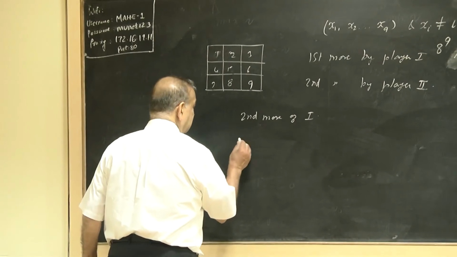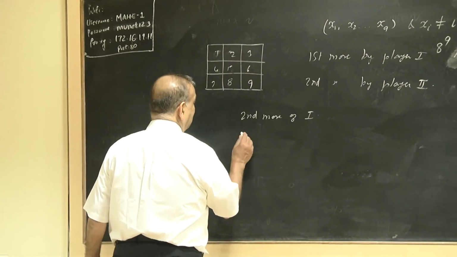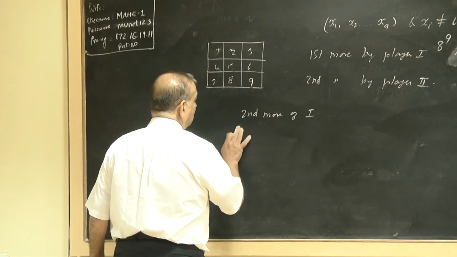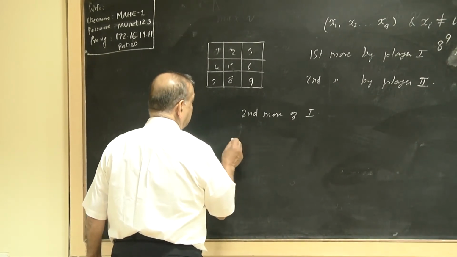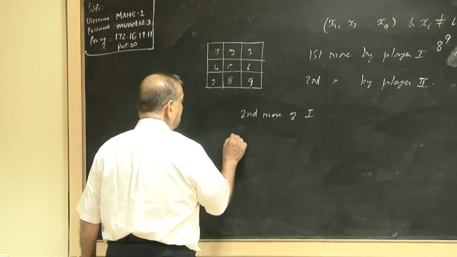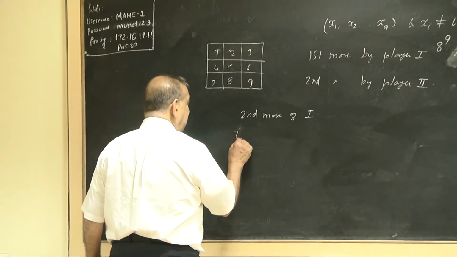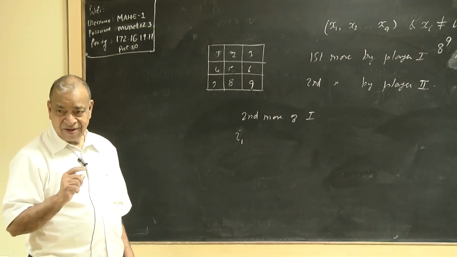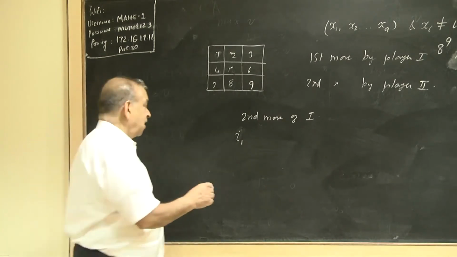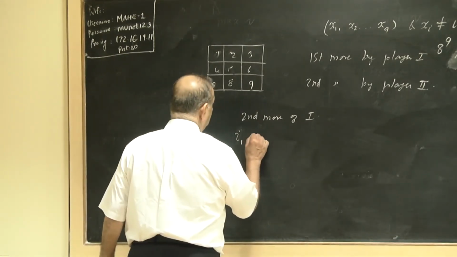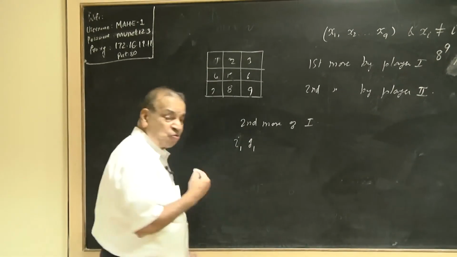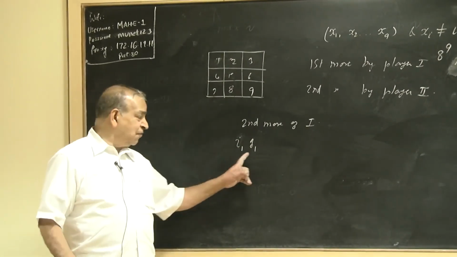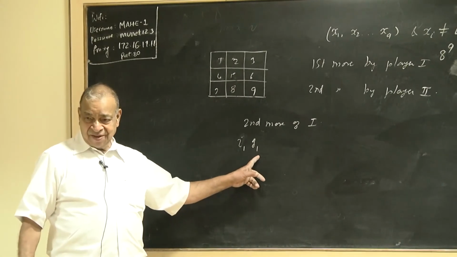So what he did on his first move, that means suppose I1 was his choice on the first move, and J1 was the choice of player 2 in his first move. Of course, I1 will not be equal to J1.